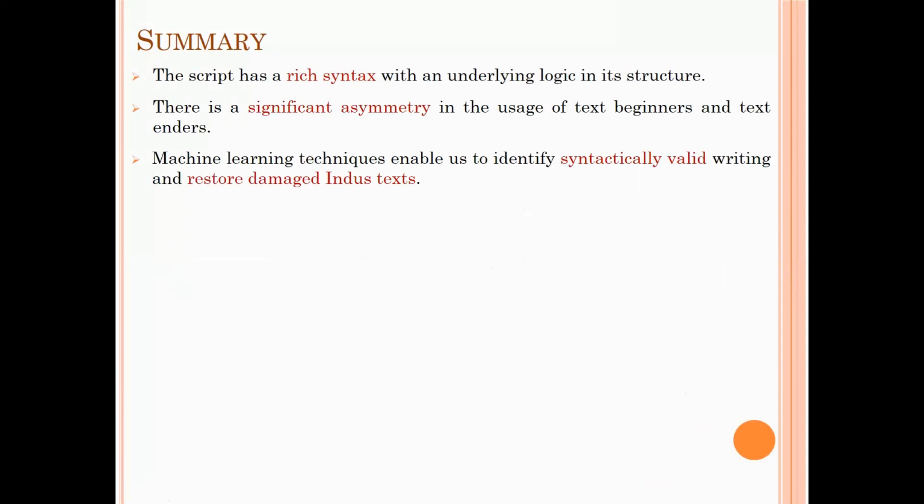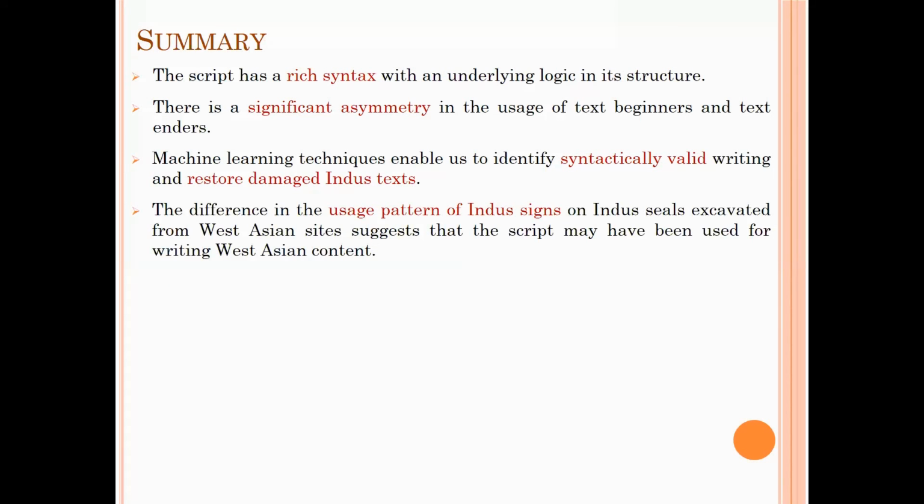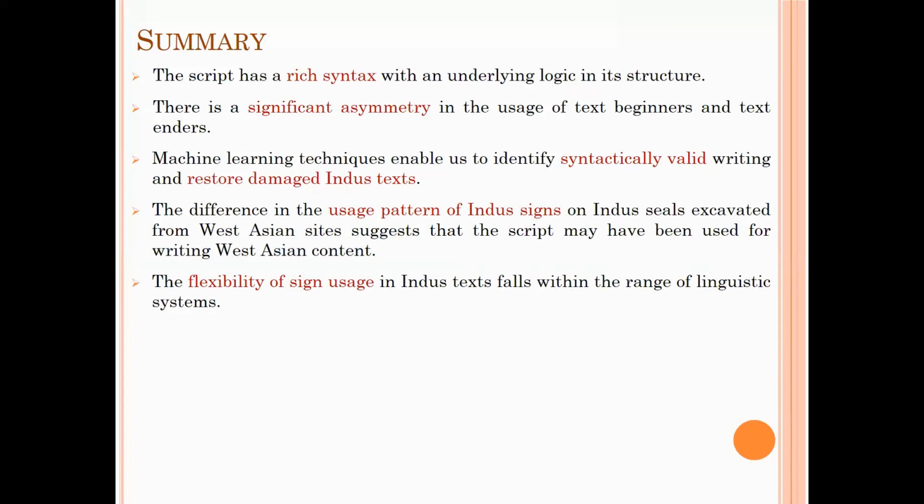Machine learning techniques enable us to identify syntactically valid writing and restore damaged Indus text. The difference in the usage pattern of Indus signs on Indus seals excavated from West Asian sites suggests that the script may have been used to write West Asian content. The flexibility in usage of signs in Indus text falls within the range of linguistic systems.